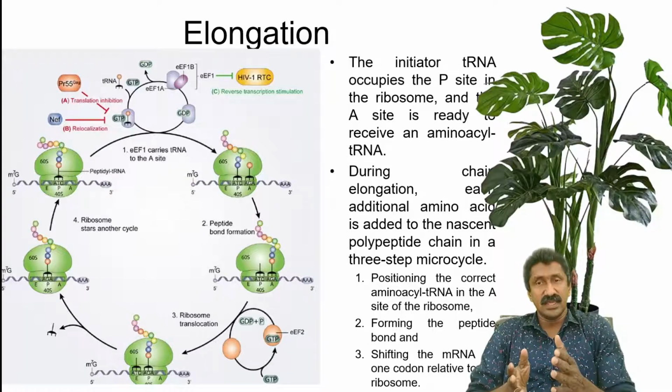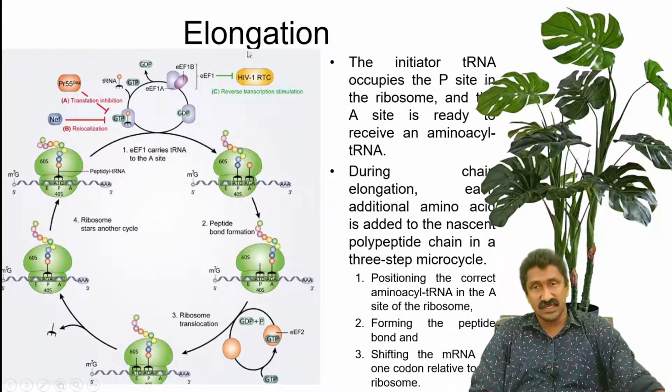The A site is free to receive the aminoacyl tRNA. So here you can see this is the starting point where the initiator tRNA will be there, and the P site is bound.